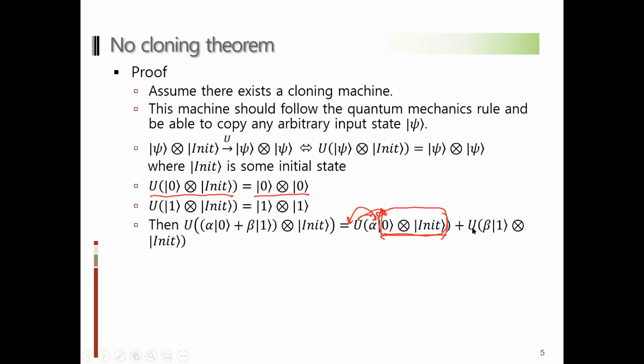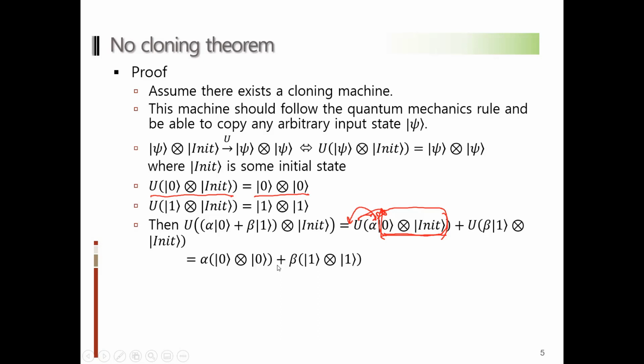And similarly, U will be directly applied on the 1 tensor init, and we know the result of such an operation like this one. So if we combine those results together, then the result should look like this one, right? Because alpha is pulled out of this operation, and the beta is the same.